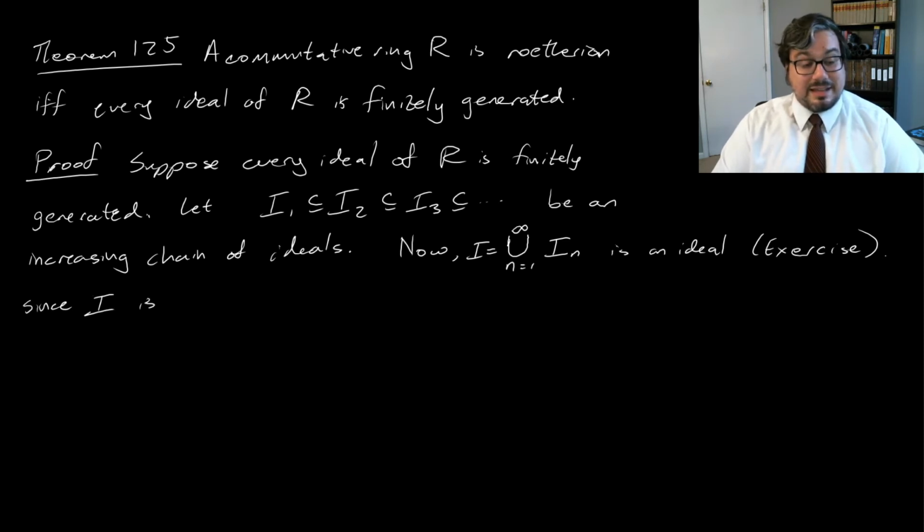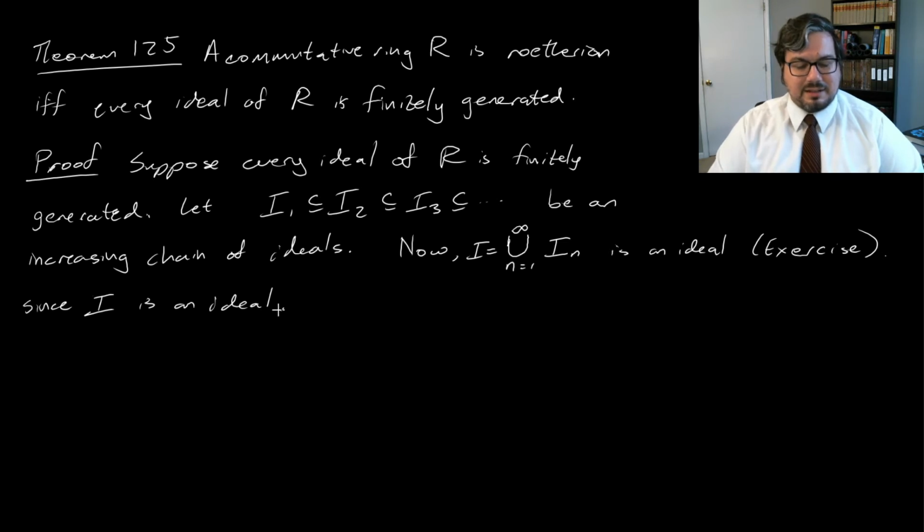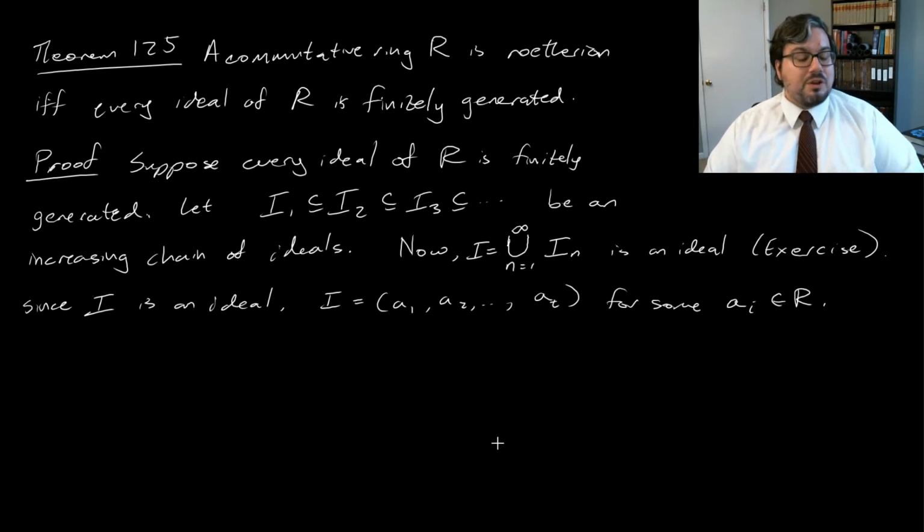So since I is an ideal, and we've assumed that every ideal of R is finitely generated, we have that I is equal to (A1, A2, up through AT) for some elements Ai inside R. We don't know what they are. We don't really care. What we care about is that there's a finite number of them.